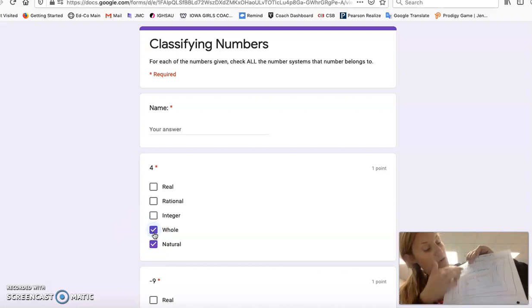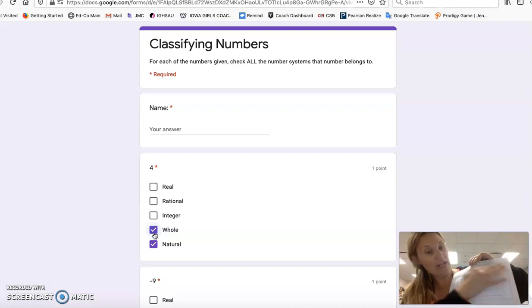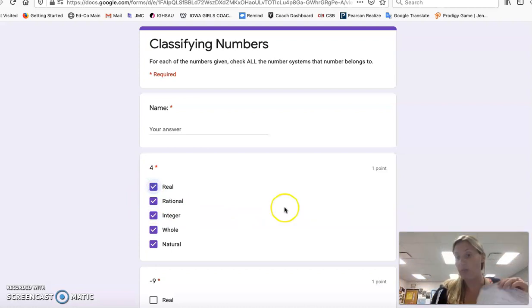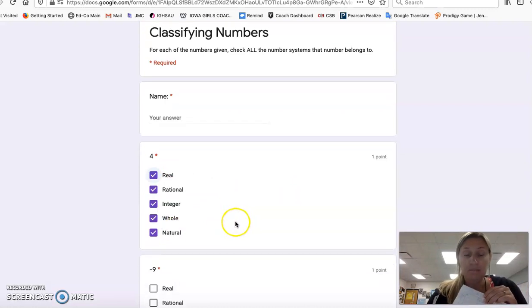And here's my red integers box. 4 is inside of that box, so 4 is also an integer. It's inside of my green rational numbers box, so it's rational, and it's on the paper, so it is certainly real. So 4 fits all of these categories, so I would need to check all of them.